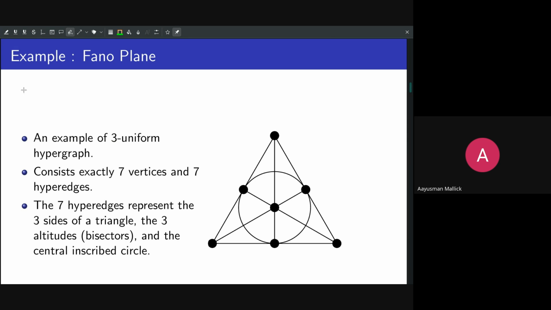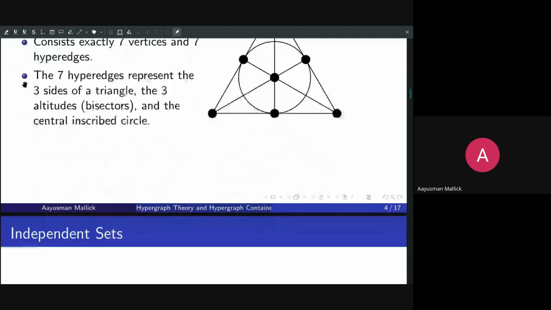The perpendicular bisectors connect the middle point of one side, the opposite vertex of the triangle, and the center of the incircle. And one hyperedge is formed via the incircle, that is the circumference of the incircle, which connects the 3 vertices which are the midpoints of the 3 sides. This is a nice illustration of a hypergraph.